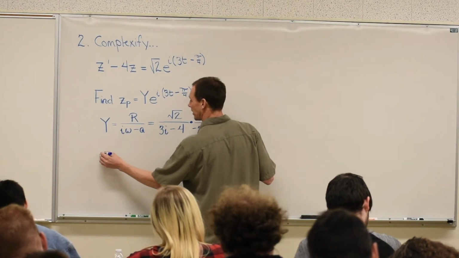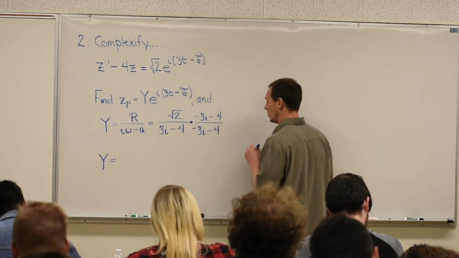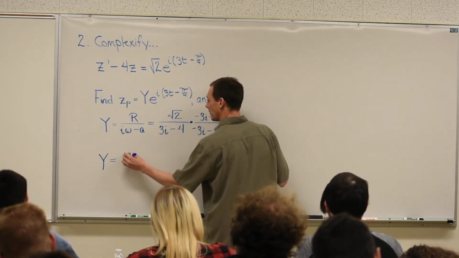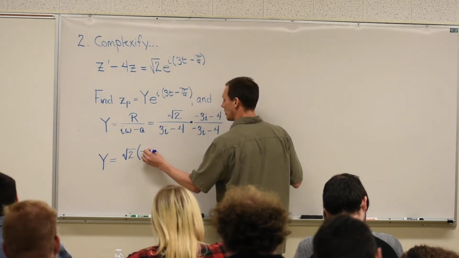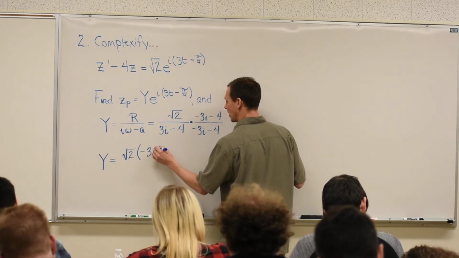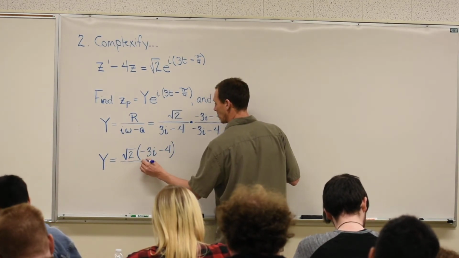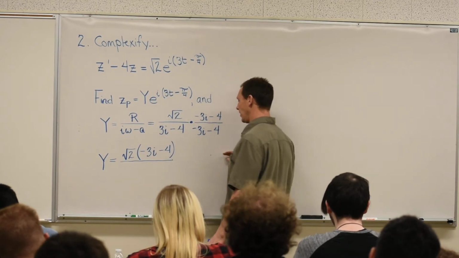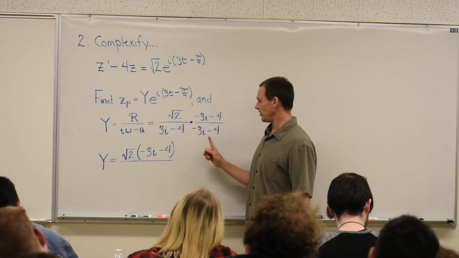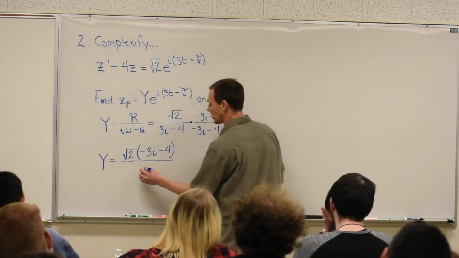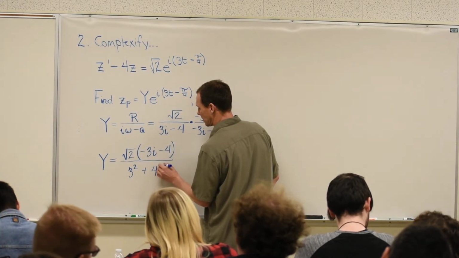In other words, my capital Y is equal to the square root of 2 times minus 3i minus 4 over, and if you distribute all this out, it should give you 9 plus 16, or 3 squared plus 4 squared.